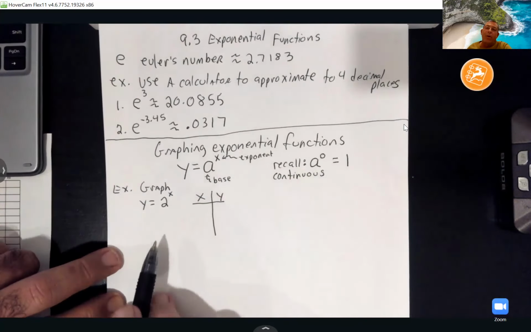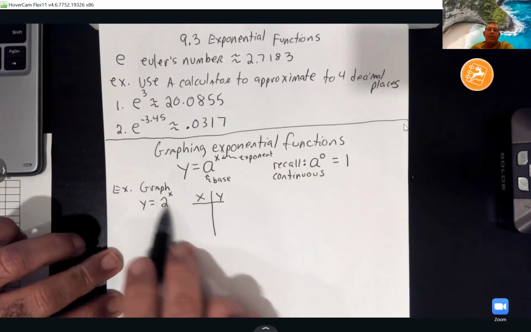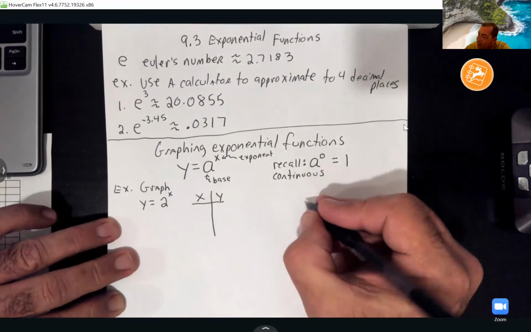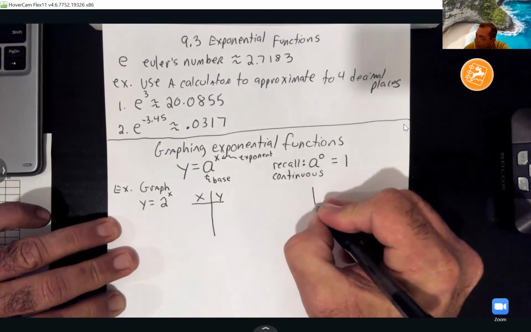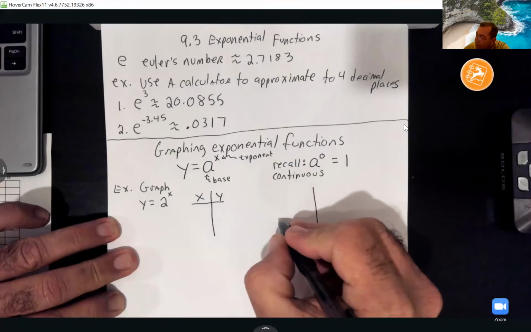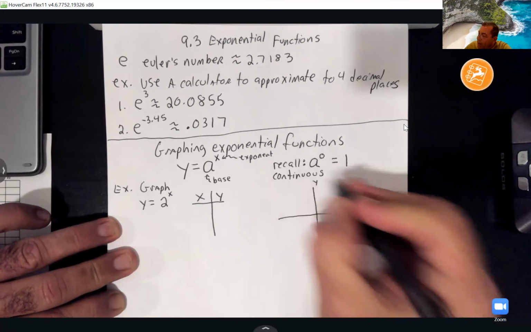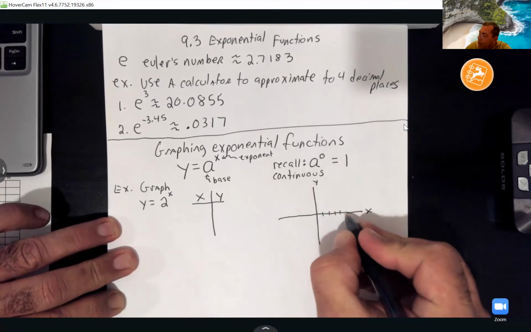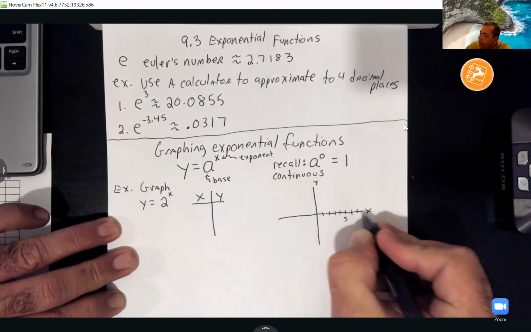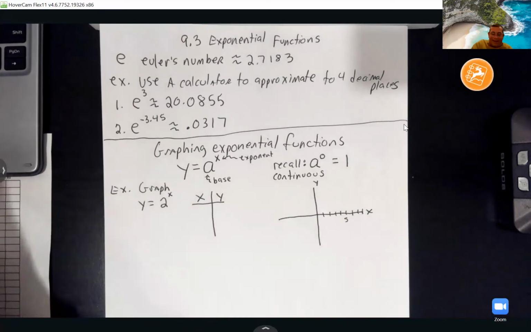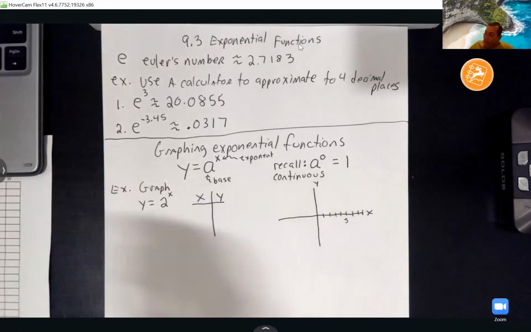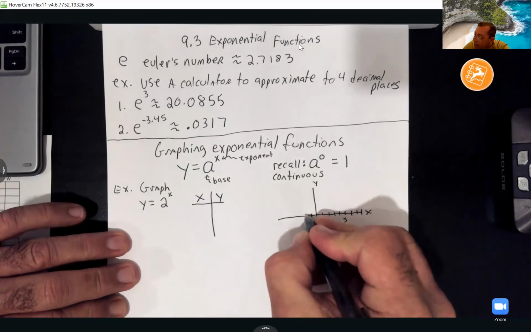Now, these are going to be quick on the calculator, but I just wanted to show you a little bit about graphing them. So I'll go out about 10 on this. How about 8? All right, so I'm just going to go out about 8.